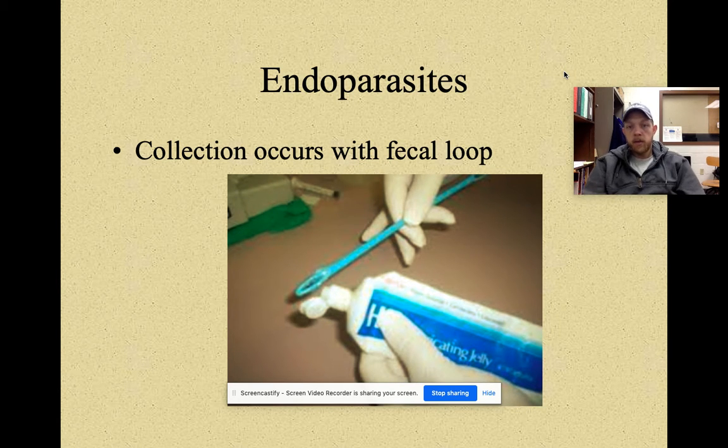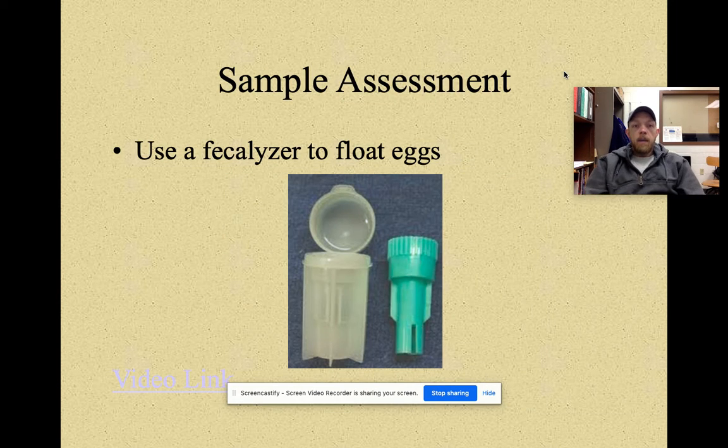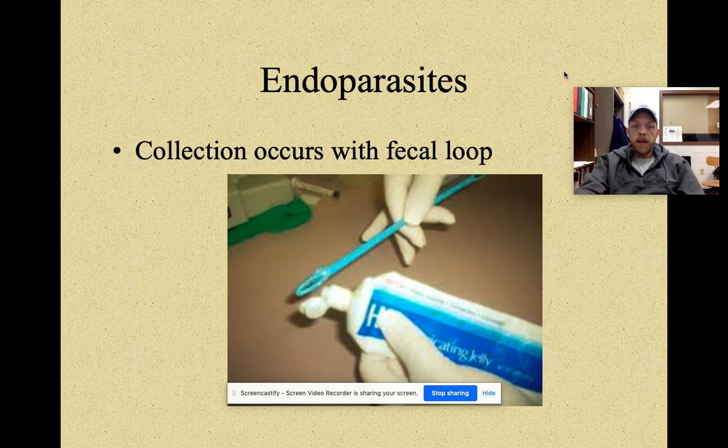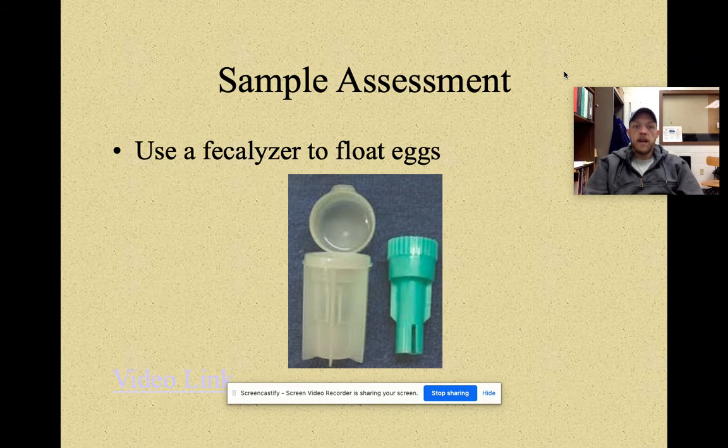So here in the picture, they're providing a lubricating jelly, which allows us to painlessly insert that into the rectum of our patient. Then we will take the fecal sample that is scooped out in the eyelet of that fecal loop, and we will deposit it into this tool called a fecalizer.